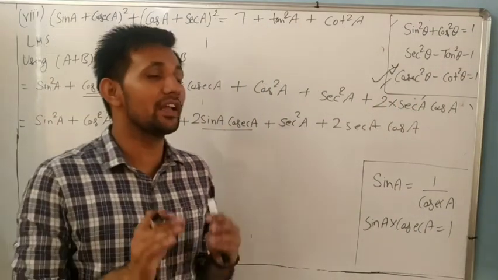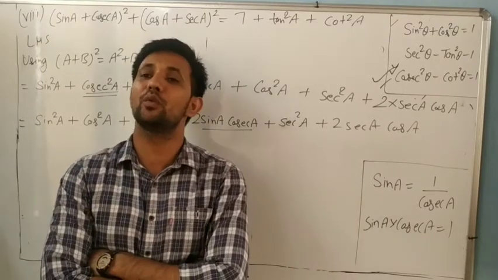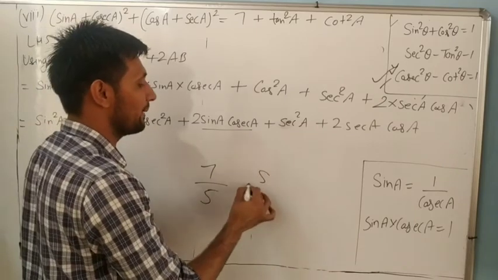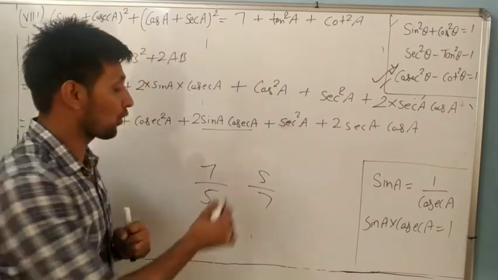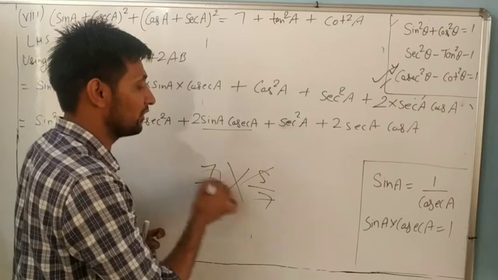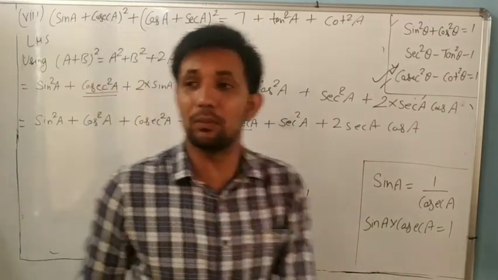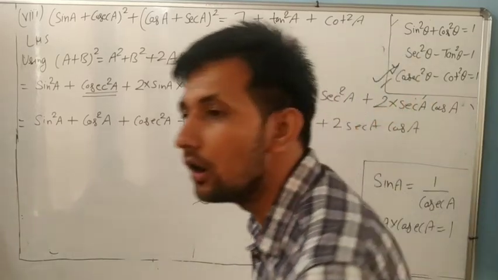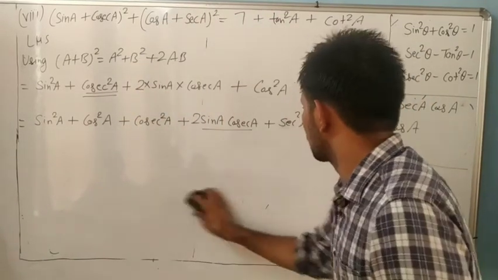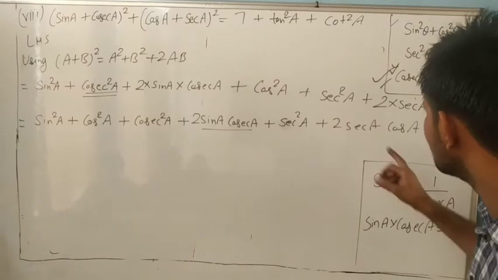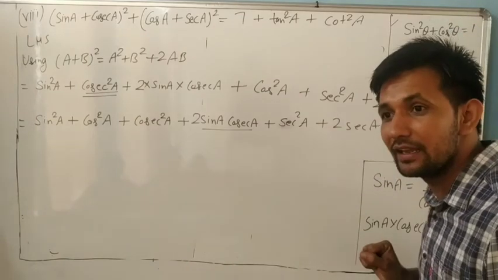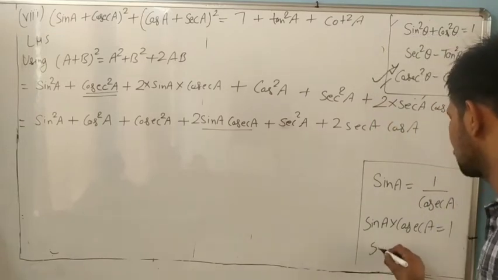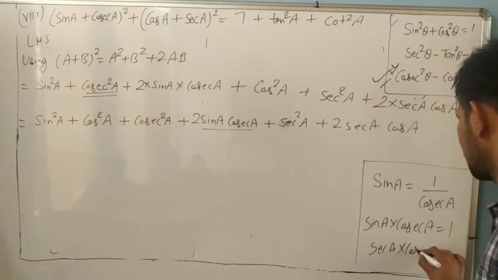Always remember dear, if two numbers are inverse or reciprocal of each other, the reciprocal of 7 by 5 is 5 by 7. If they are reciprocal, their multiplication is always 1. If two numbers' multiplication is 1, it means they are reciprocal to each other. Okay dear? So can we use the same here? Sec A into cos A is 1? Yes, why not? So sec A into cos A is also 1.